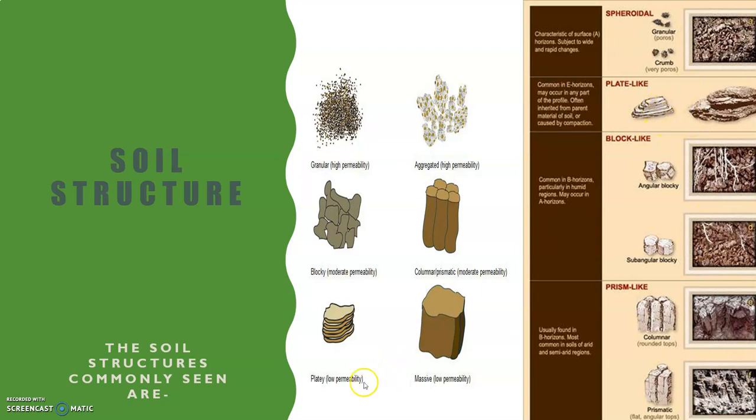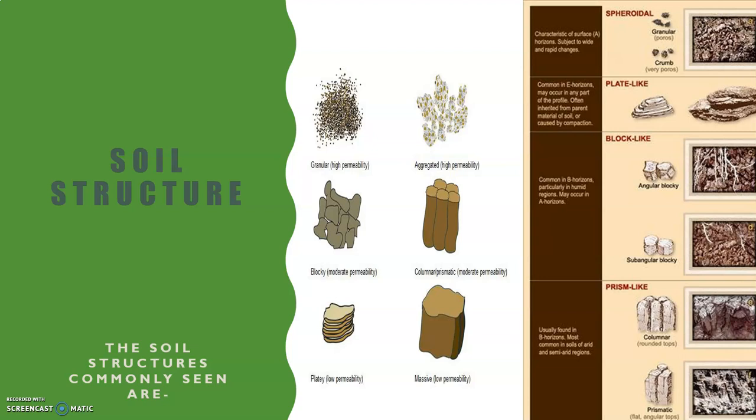So we have platy. Plates are like wood, they have layers under layers. These are common soil structures that we can find in Malaysia as well, these 6 types. And remember, we have to focus on this.